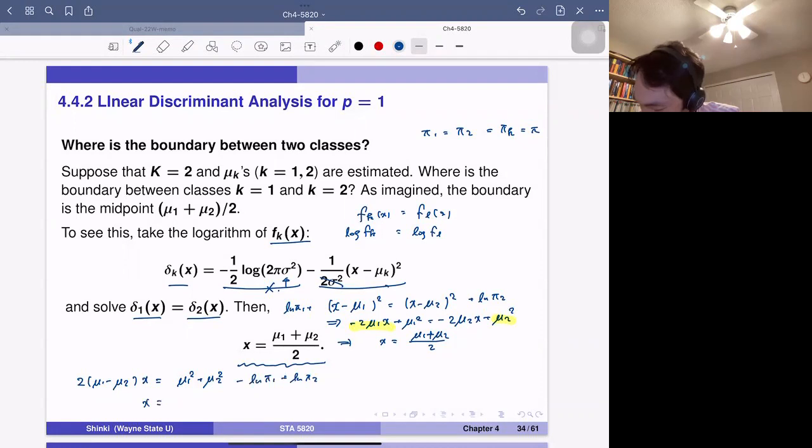So x is equal to (mu_1 plus mu_2) over 2 plus something like sigma squared over (mu_1 minus mu_2) times (negative log of pi_1 plus log of pi_2), or something like that. Anyway, maybe slightly different, but you can get the threshold.